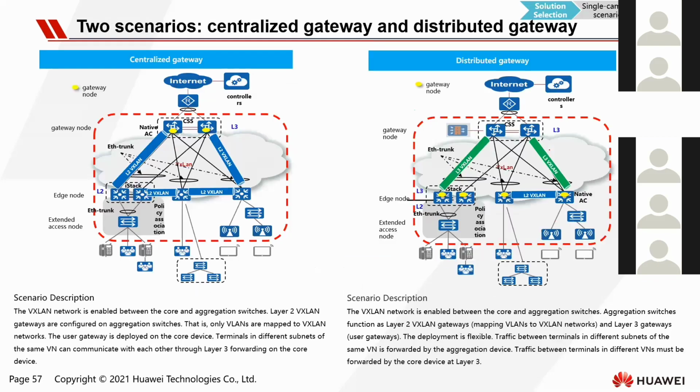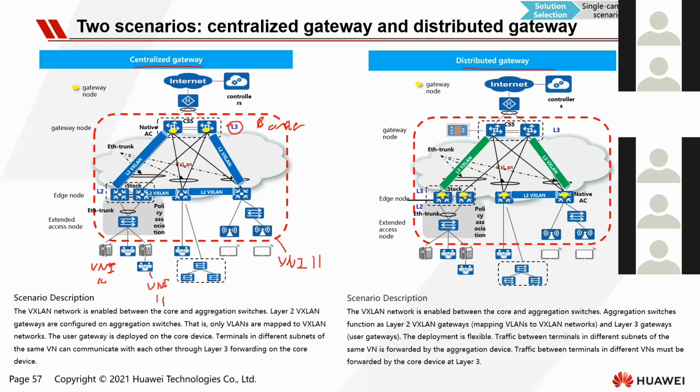In the VXLAN scenario, we have two types: the first is centralized gateway, and the other is distributed gateway. The difference is that in centralized gateway, the Layer 3 gateway is located at the border. For example, we have one device in VNI 10, and another device connected here in VNI 11, and here also VNI 11.